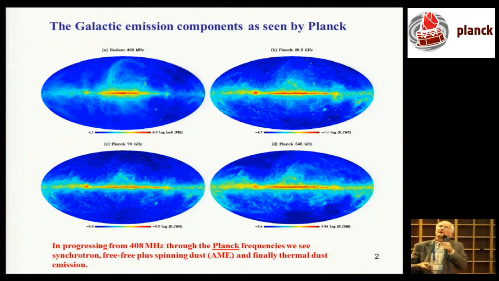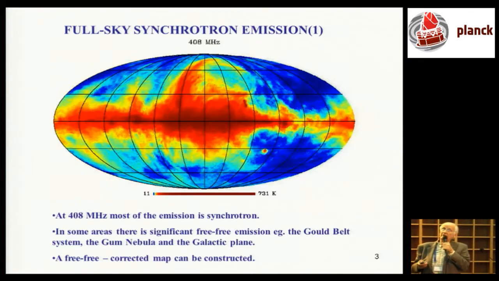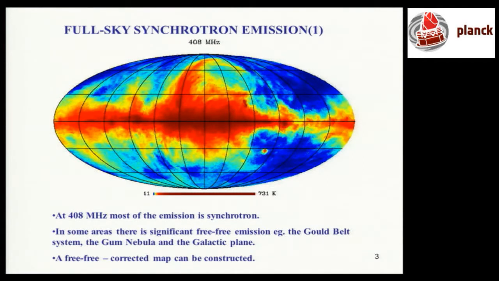On the left-hand side, you'll see that the synchrotron has a large number of filaments that come from the plane up to high latitude, and the big obvious one is the North Polar Spur.